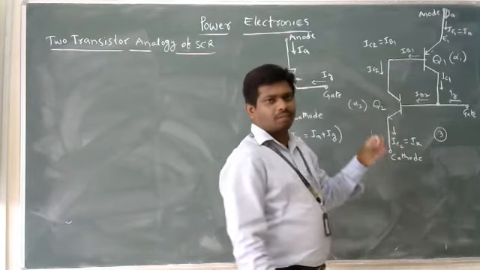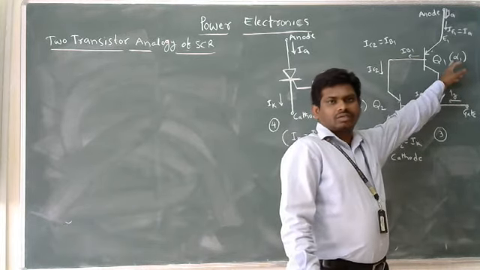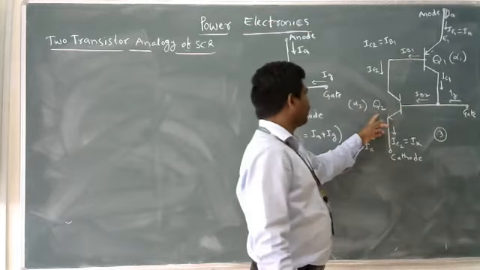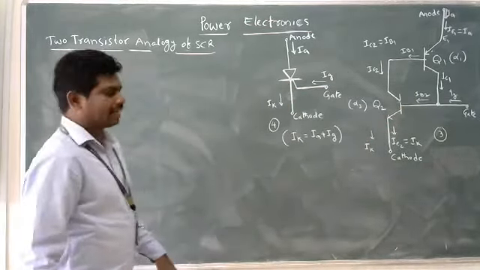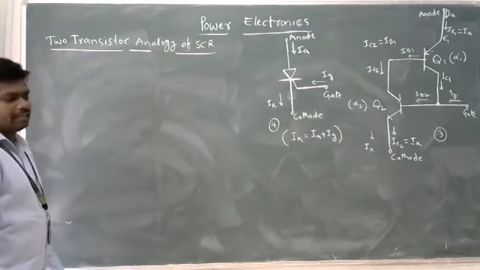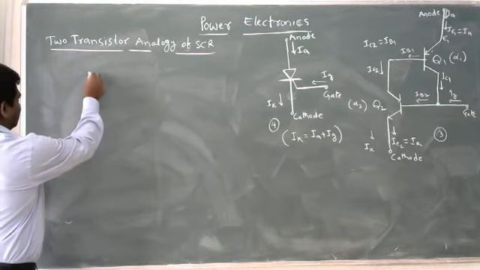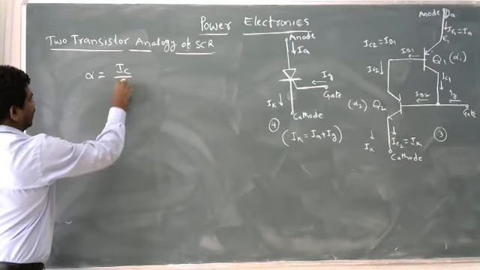I am taking the common base current gains of the two transistors. I call the current gain of Q1 alpha 1 and the current gain of Q2 alpha 2. What do you mean by current gain? Current gain is defined as the ratio of collector current to base current. Alpha is equal to IC by IB.